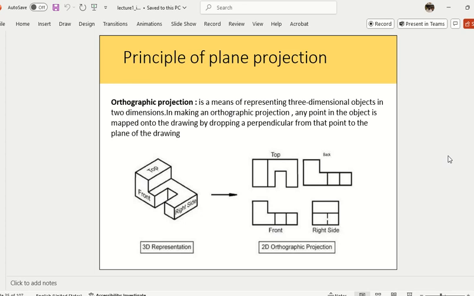Now look at the front side. What do you see? The L shape, and then the box. Got it? Clear?